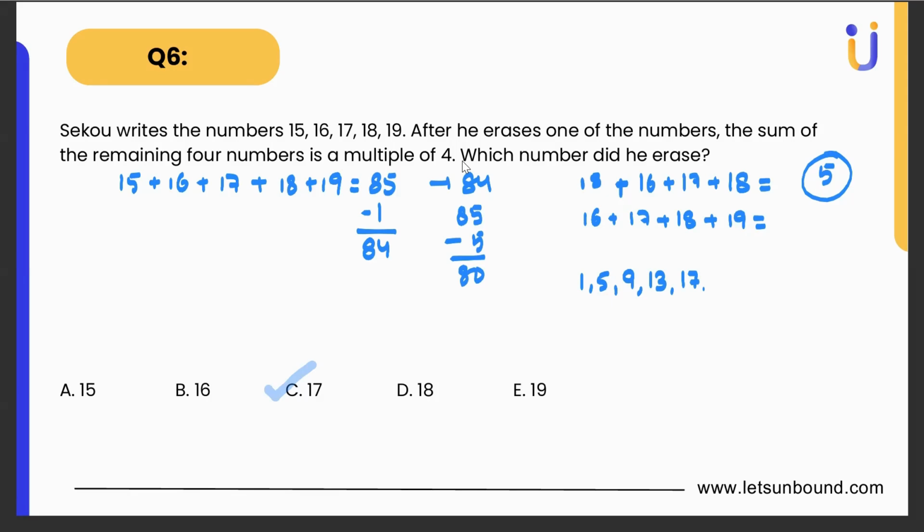If 1 is working, then add 4 more to it, 5 will also work. Similarly, add 4 more to it, 9 will also work, and so on. So I need a number which is one more than a multiple of 4. And if I look at the list of the 5 numbers that I have, one more than a multiple of 4 is 16 plus 1, which is 17.